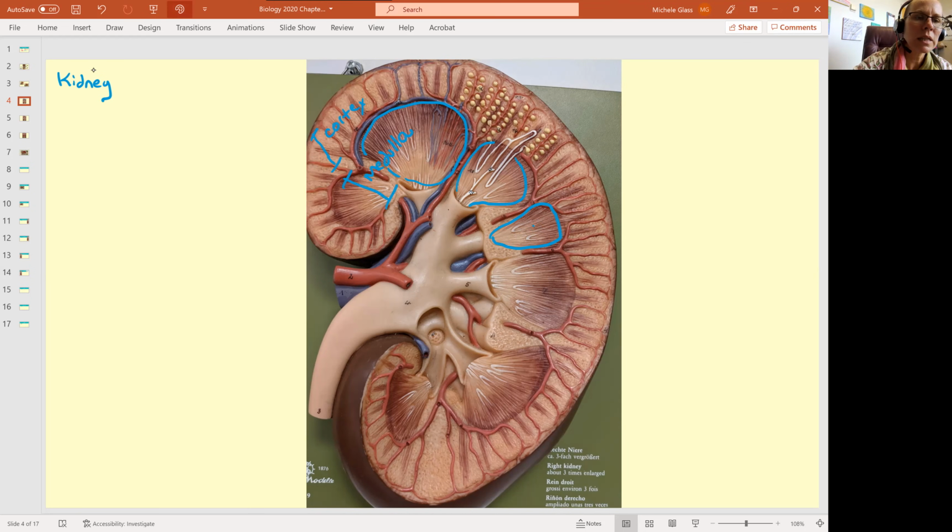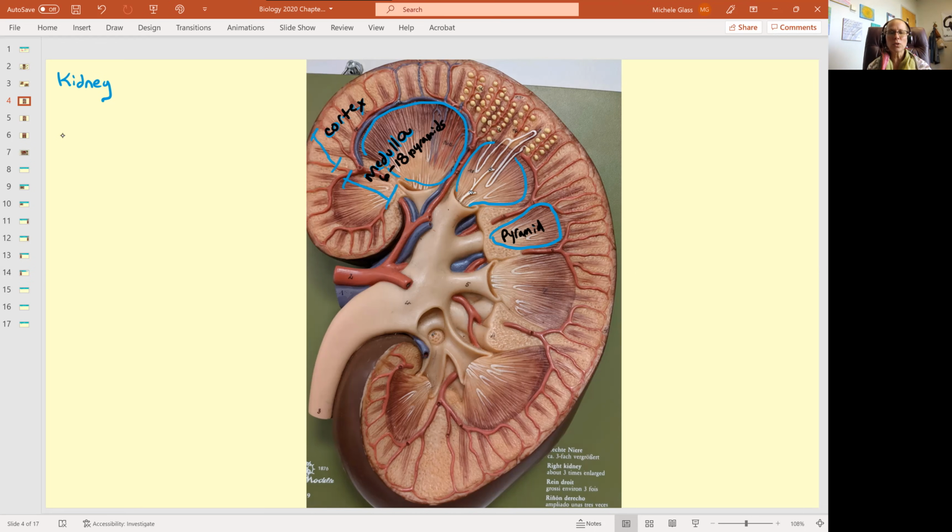And what we'll see then is that the medulla can have anywhere from 6 to 18 pyramids that compose it. So the pyramid is like a structure of the medulla itself.